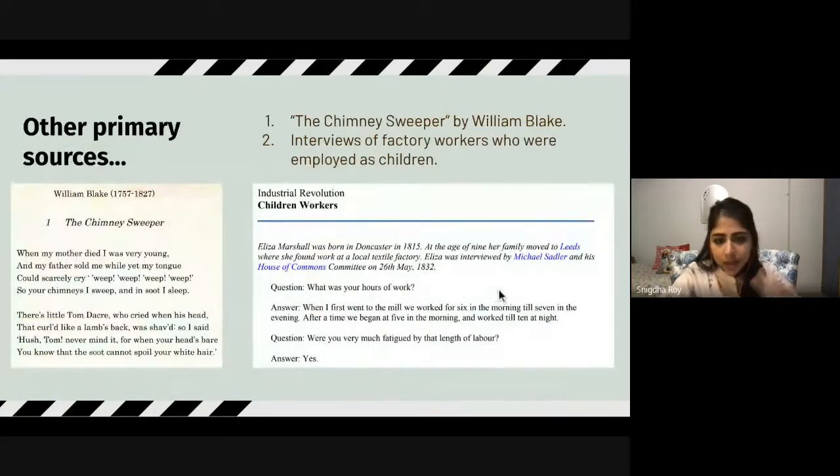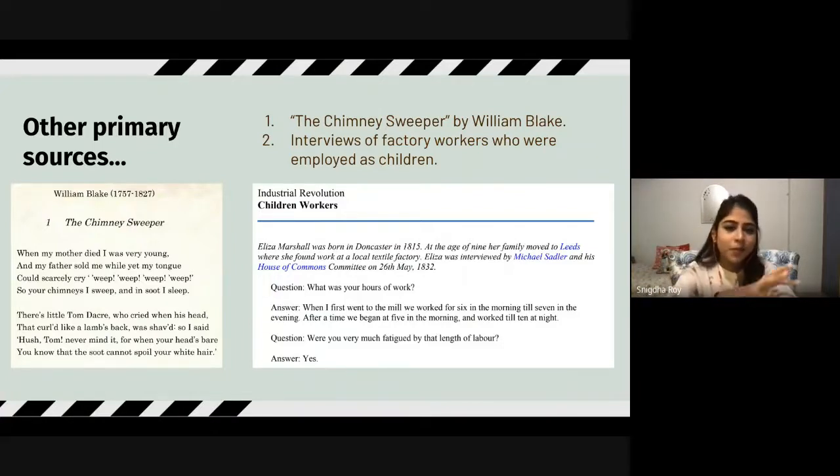Now, there are other forms of primary and secondary resources as well. Now, for example, to the left is a poem called The Chimney Sweeper by William Blake. Now, Blake, a formidable name in poetry, Blake enjoyed literary fame at the peak of the Industrial Revolution. And he was also one of its strongest critics.